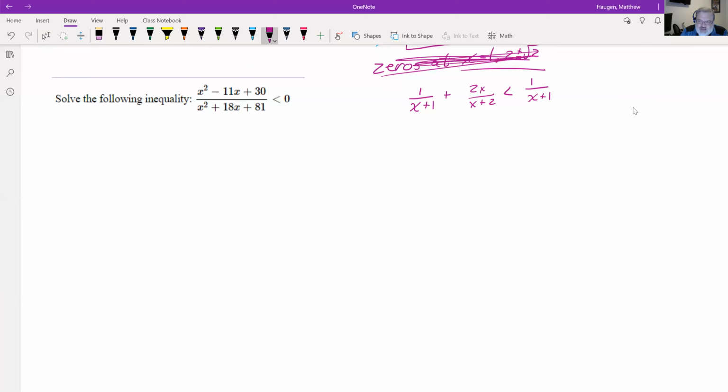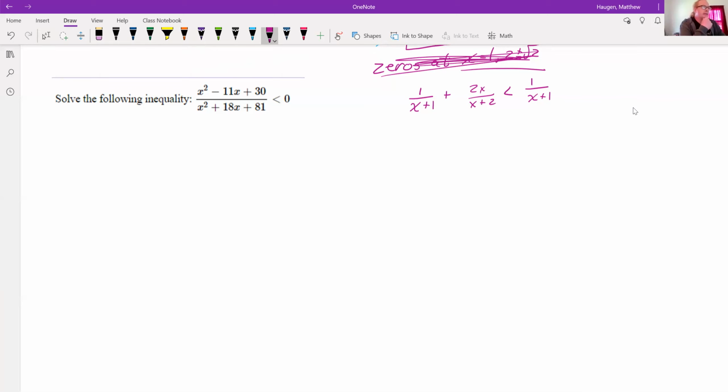So if you multiply both sides by x plus 1, is x plus 1 negative or positive? Negative? Sometimes x plus 1 is negative. x plus 1 is negative when x is negative 5. I'm so confused.